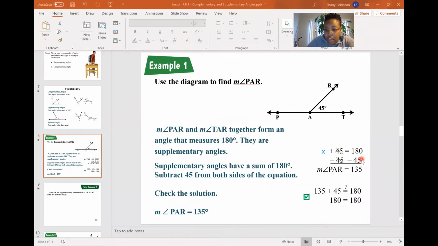Subtract 45 from each side, the 45s cancel, and I'm left with 180 minus 45. Well, 180 minus 45 is 135. And that means that X equals 135. All right.